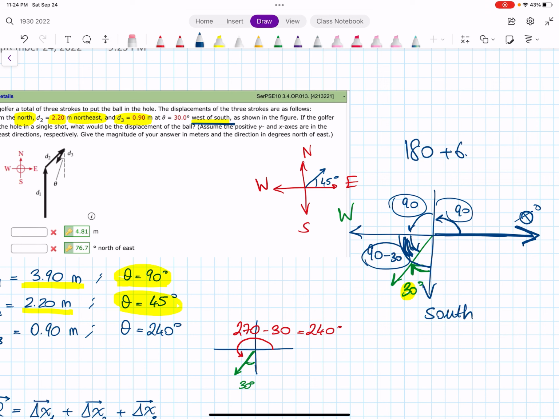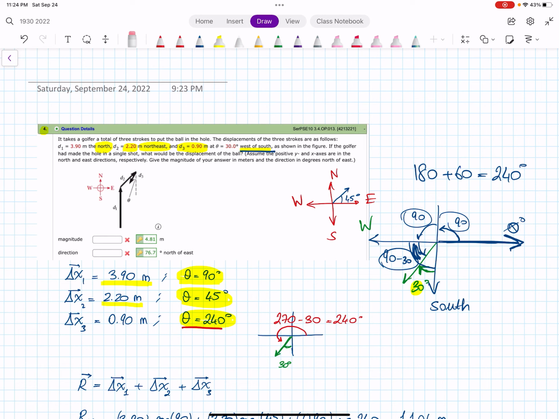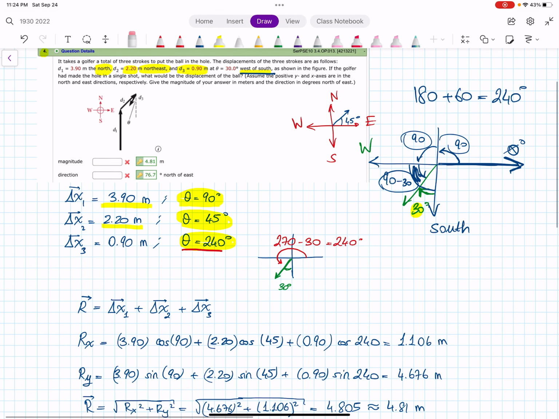That's going to give you 60. What is 180 plus 60? That's going to give you 240 degrees. 240 degrees. If you got the problem incorrect, I'm sure this was the issue, figuring out the angle with respect to the chosen reference line. So far, so good? Good.